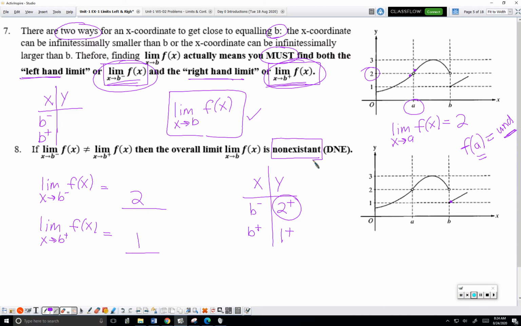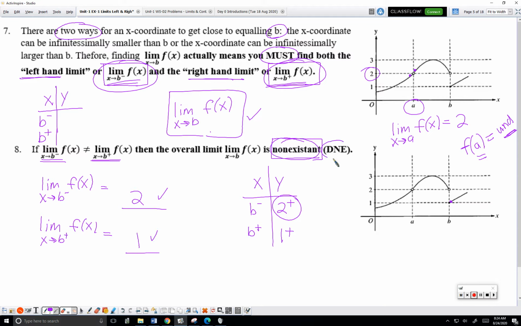Okay, remember, when you're asked to find what I call the overall limit, you must find the left and the right. And if the left and right are not the same, as we see here, then the overall limit is non-existent.